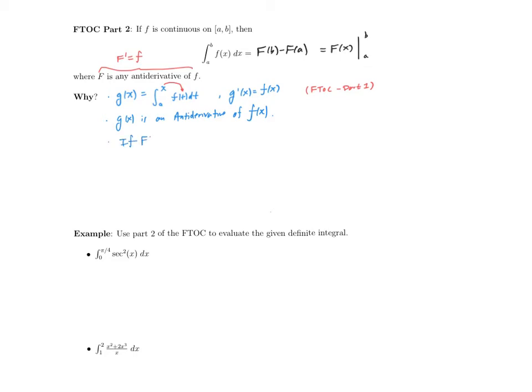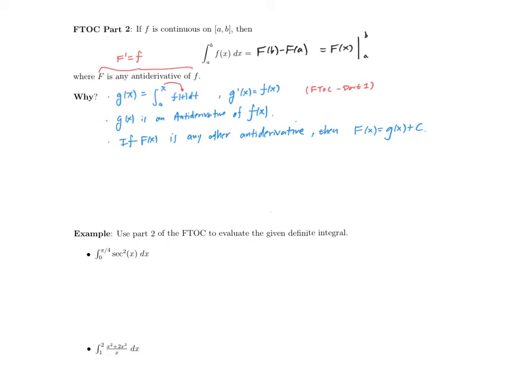So if big F of x is any other antiderivative, something that we've seen previously is that if you have two antiderivatives of a function, their relationship is that they are equal up to adding a constant. So F of x would be equal to g of x plus c. And that was something we stated previously in our discussion on antiderivatives, and it followed by the mean value theorem.